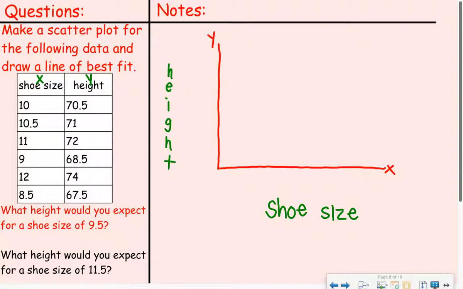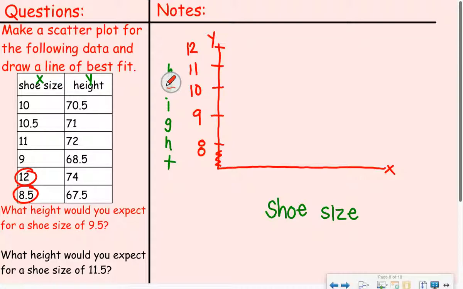All right, so let's look at our numbers for shoe size. Well, our smallest shoe size is 8.5. Our biggest shoe size is 12. So maybe I will start at 8 and go up by 1. So 8, 9, 10, 11, 12. And then let's look at our heights.